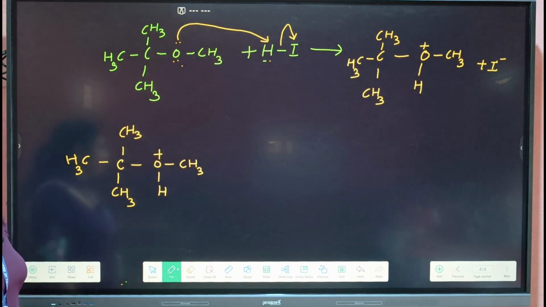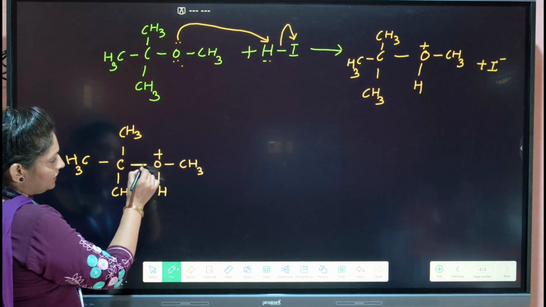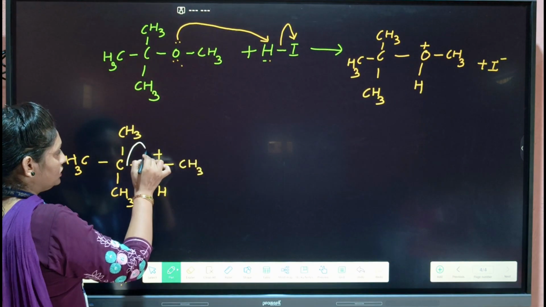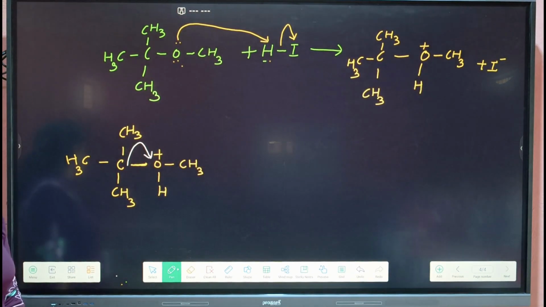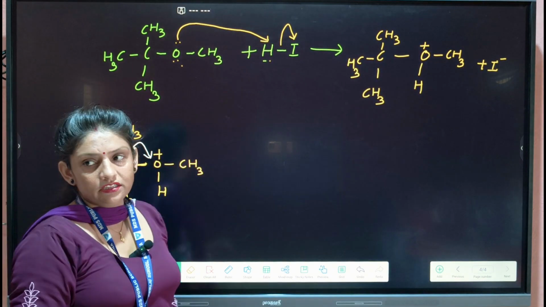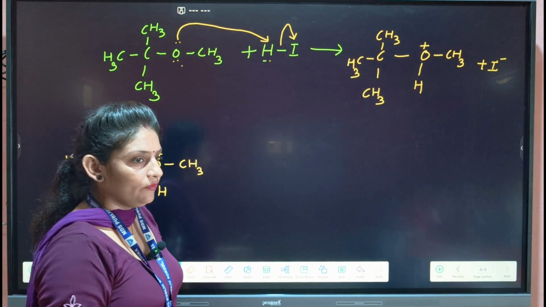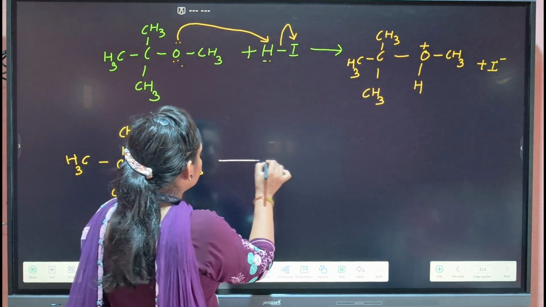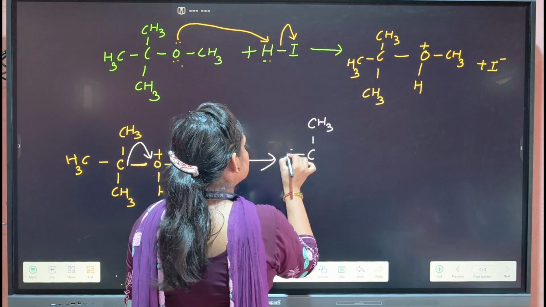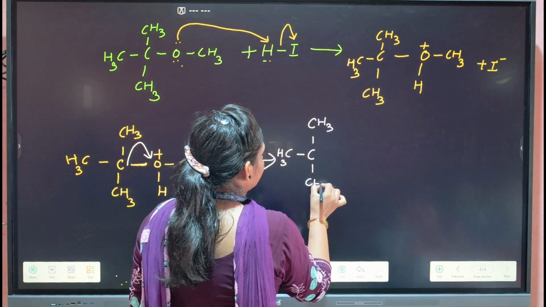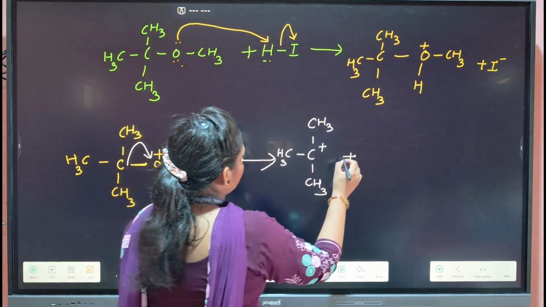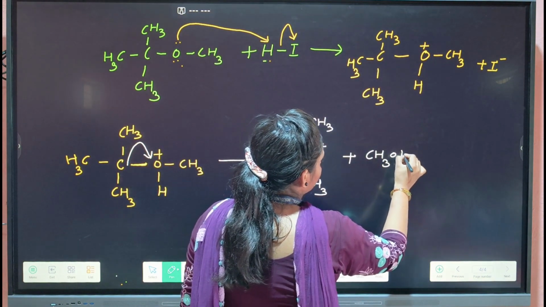Here you know very well, if this carbon gives electron to this oxygen, then it forms tertiary carbocation. And you know very well, tertiary carbocation is a more stable carbocation. So from here generation of tertiary carbocation takes place easily in the same step, and from here formation of alcohol takes place.